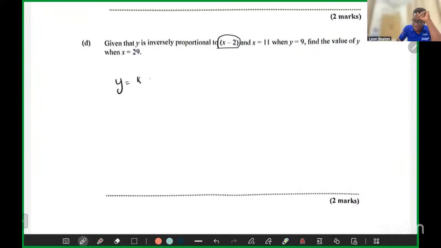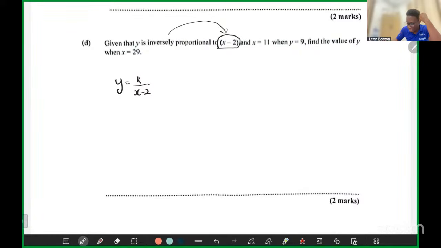K will either multiply something or be divided by something. When it's inverse, k will be divided by what it's inversely proportional to. So this equation will be y equals k divided by x minus 2.